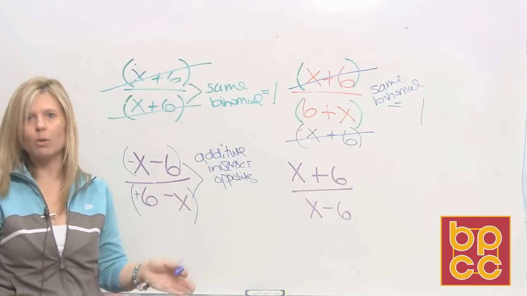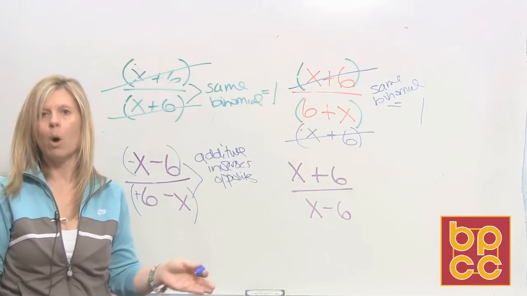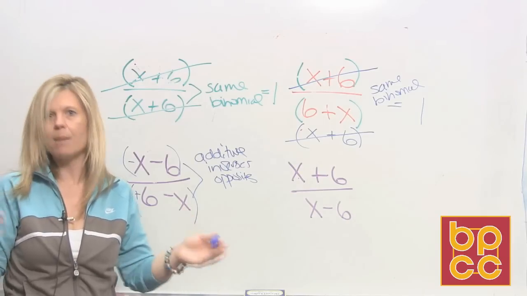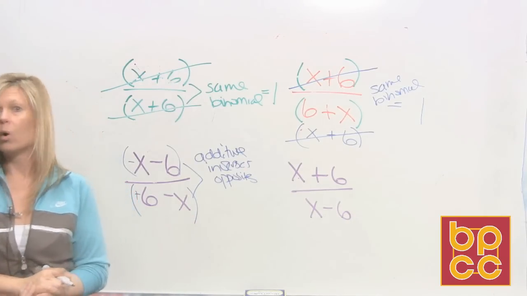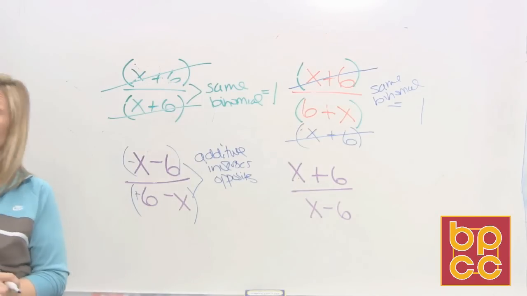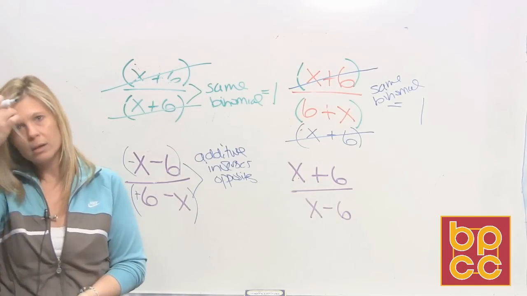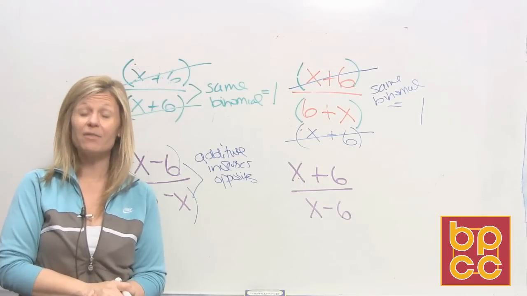Let's go back to arithmetic. If I take two opposite numbers and divide them, what would our answer be? What is negative 5 divided by positive 5? It's negative 1. What is negative 8 divided by positive 8? It is negative 1. What is a positive 3 divided by a negative 3?